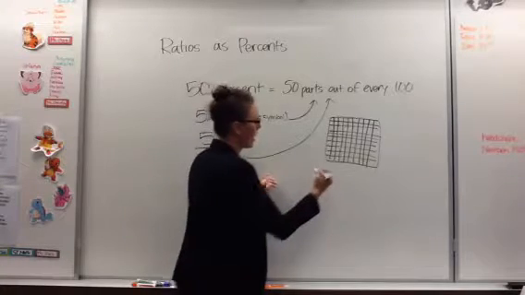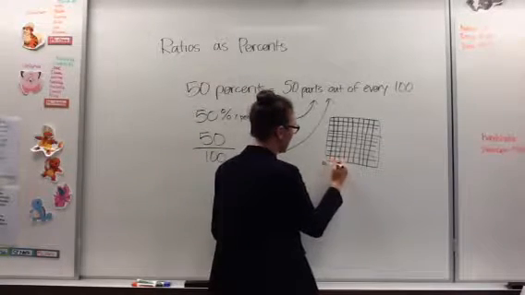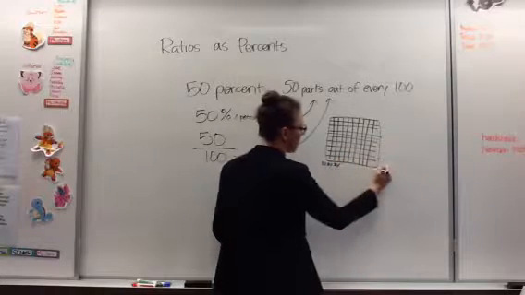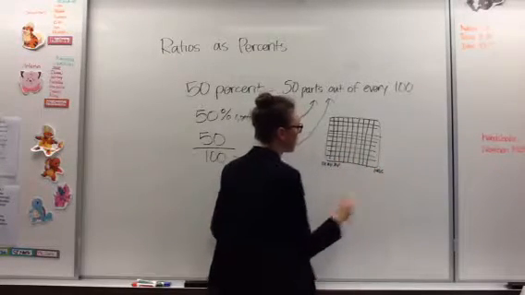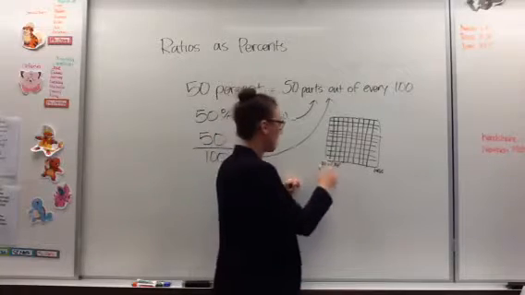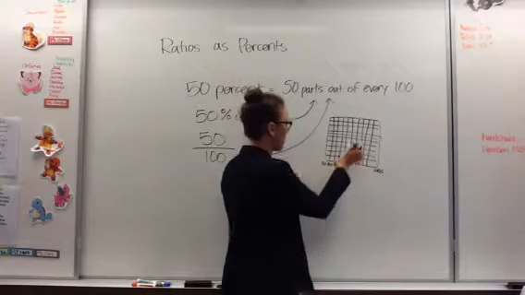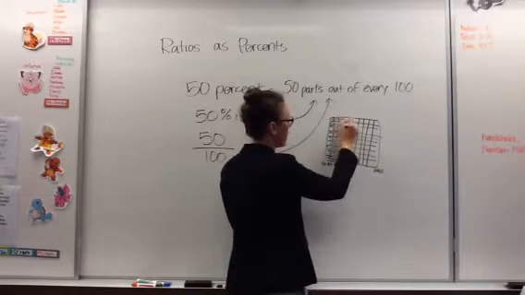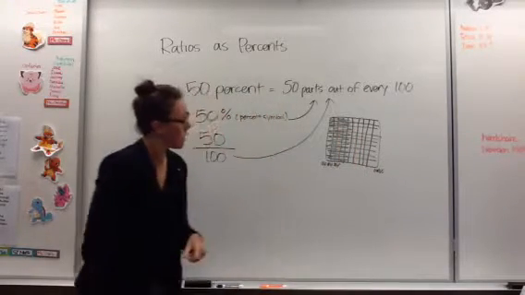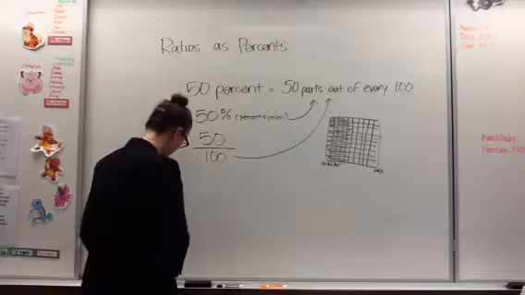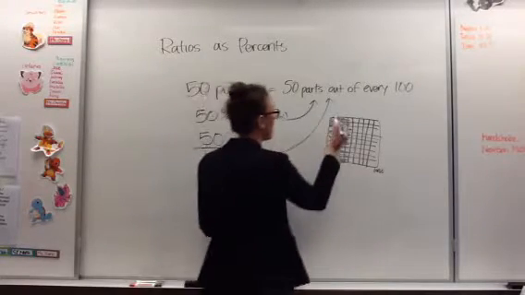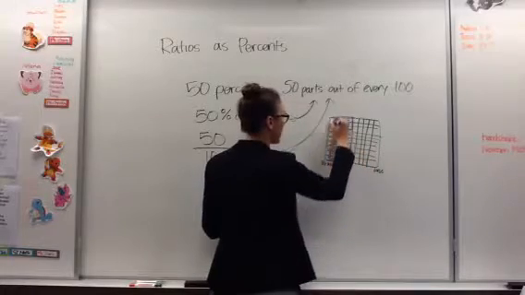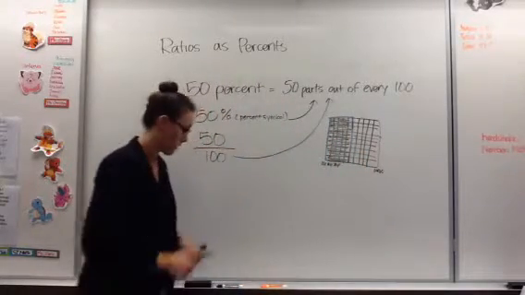So if we had 0%, 10%, 20%, all the way up to 100%, where would 50% be? 10, 20, 30, 40, 50. So this would be 50% of 100. Okay?